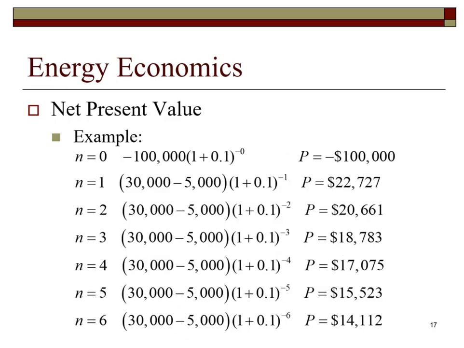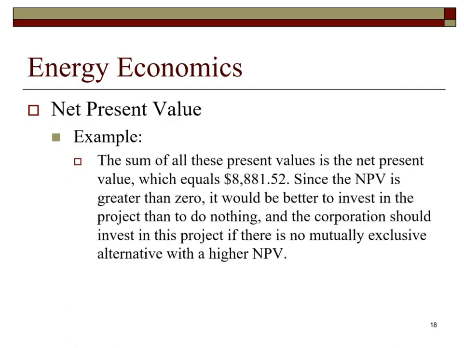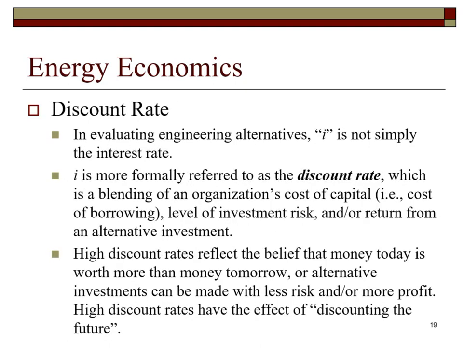Each of the $25,000 per year is discounted back to a present value for 6 years. The net present value is $8,881.52. Since the net present value is greater than zero, the corporation should invest in the project.